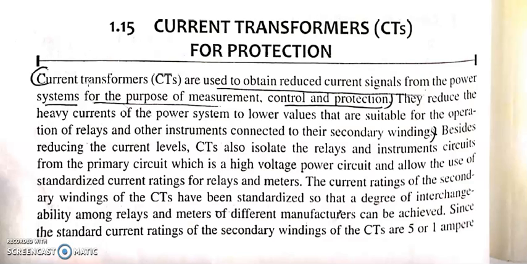CTs, that is current transformers, are designed to withstand 50 times the full load current. Just imagine, around 50 times more. Say the full load current is around 5 ampere, just as a case, so it will be around 250 amperes. Yes or not? It will withstand more than 250 amperes. I'm just taking a case.